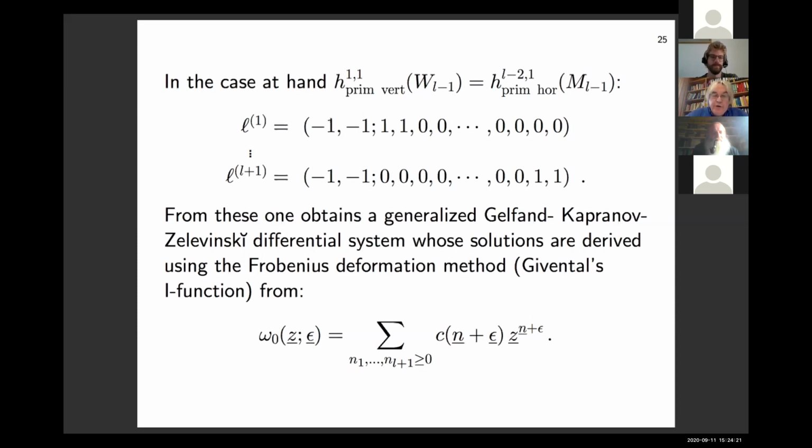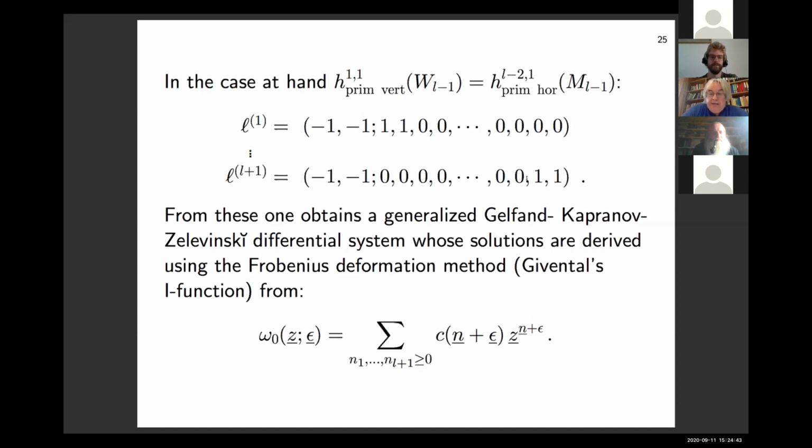And this Mori cone is given by this expression here. So here it is -1, -1. This basically comes from the constraint. And then there are 2 ones which wander out until you have L+1. And then from that, you obtain a generalized Gelfand-Kapranov-Zelevinsky system that we already did in this paper with Yau.